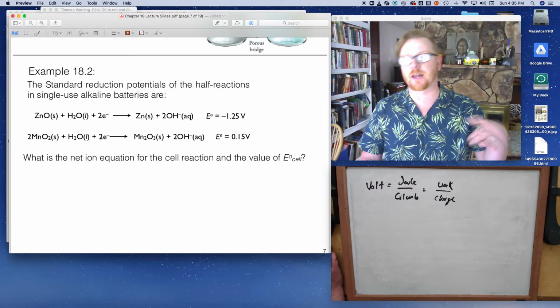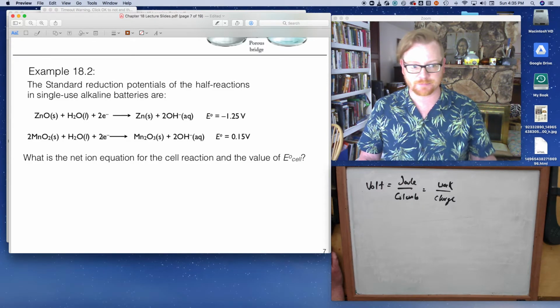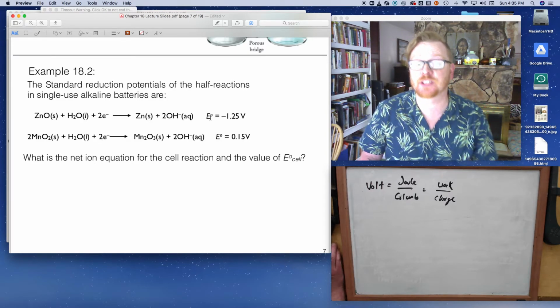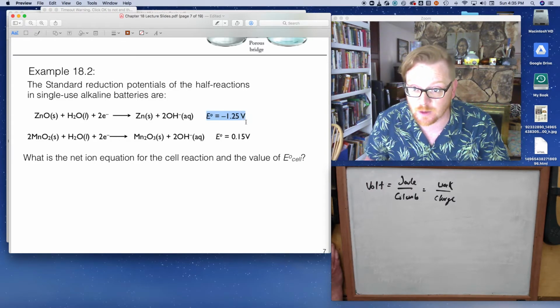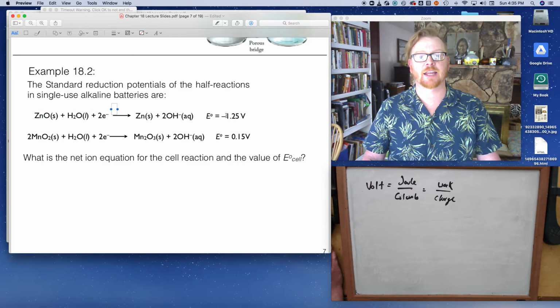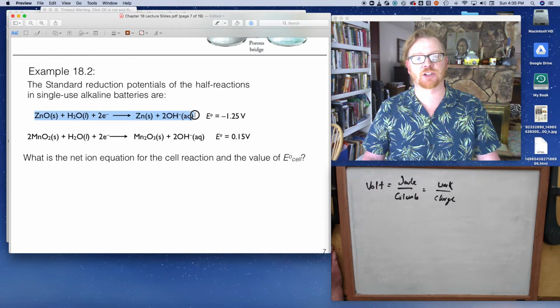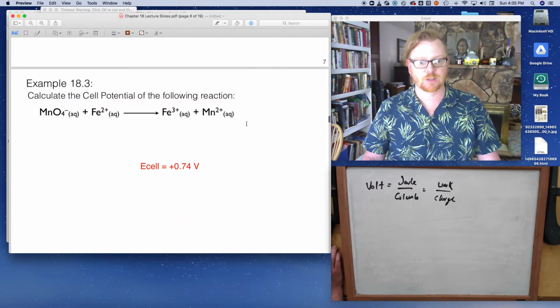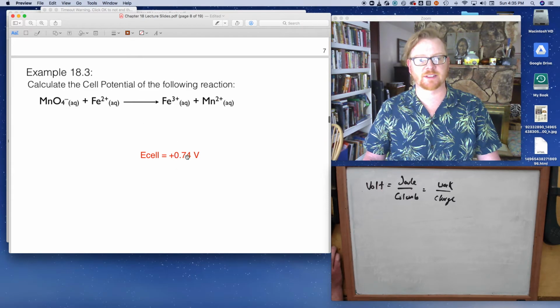Well, I'd have to multiply the top reaction by 5. And that doesn't change the standard cell potential, okay? When I flip these reactions, it changes the sign, but if I multiply this whole reaction by 2, it doesn't make that go up by a factor of 2. So that's where you get this 0.74 volts.